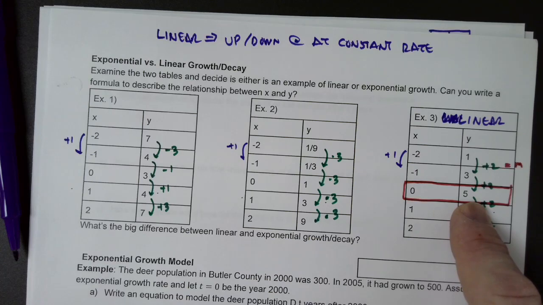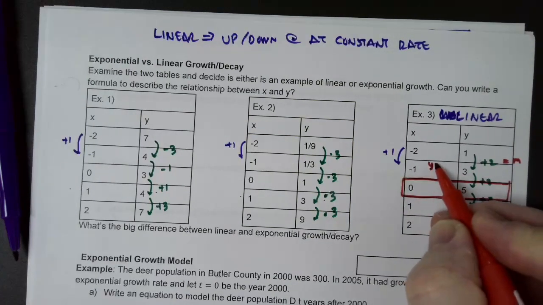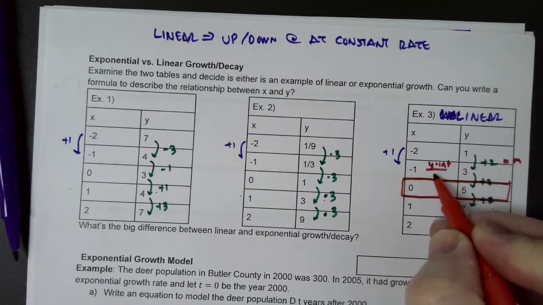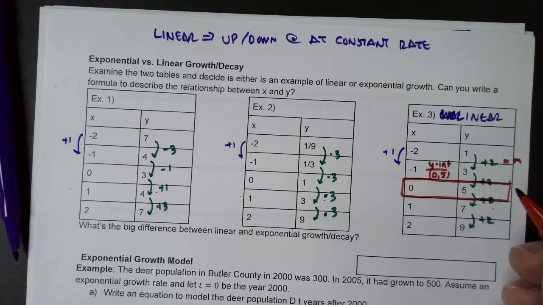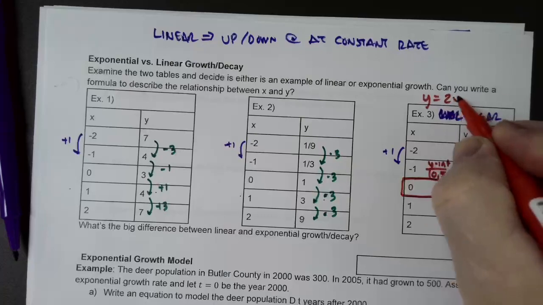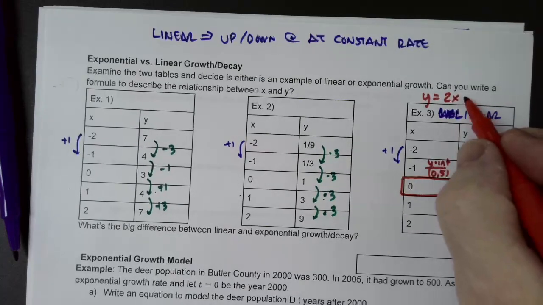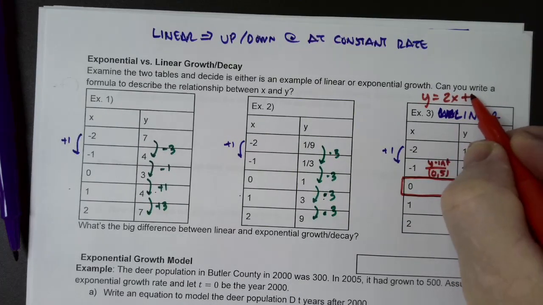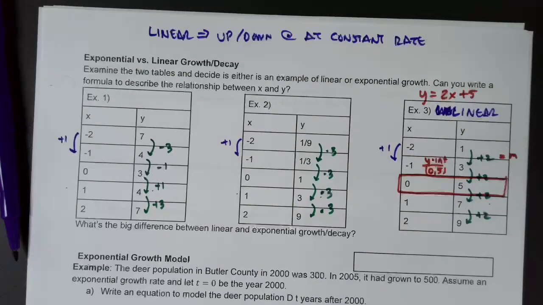Isn't that our b value? Isn't this the y-intercept of 0, 5? So we can write this as y equals the slope, +2, times x, plus the b value, the y-intercept of 5. Linear functions are going to be increasing at a constant rate.